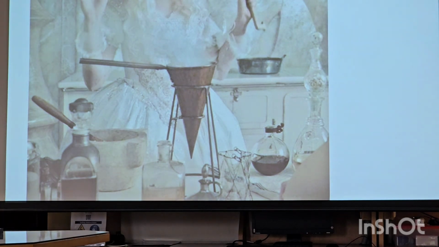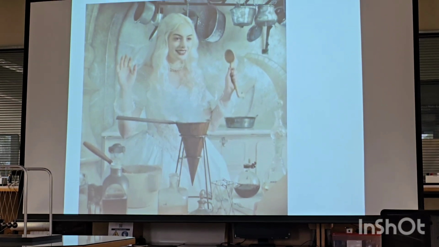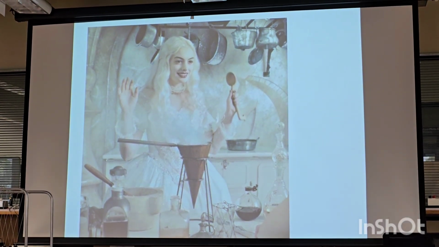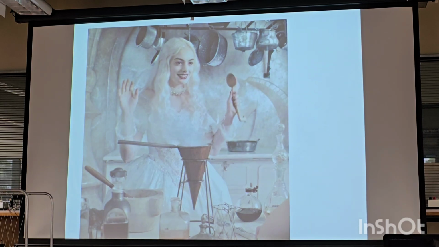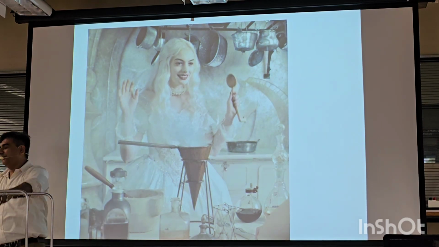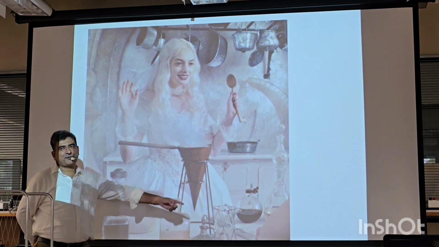Many years ago, I came across this slide, this picture from some movie, and I do not recall the name of the movie itself, but I was intrigued by this. She's an actress and she's in some kind of homegrown laboratory, and she has this strange object in front of her.